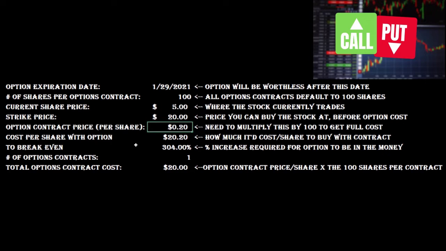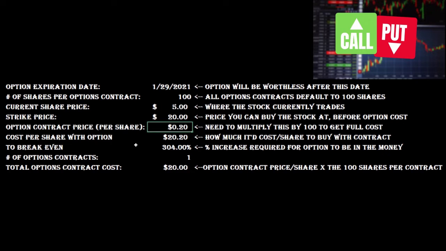Because think about it: let's say literally 5 seconds go by, and you have the option to buy a stock for $20 and it's currently trading at $5. Well, now imagine it's trading at $6. It's that much closer to $20, so that option is more valuable.